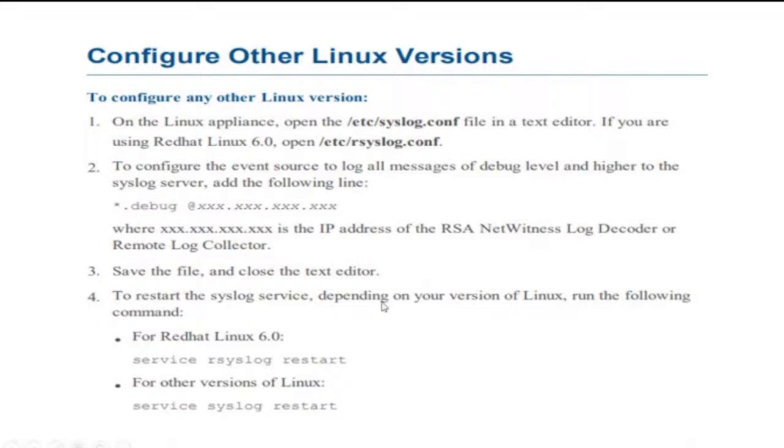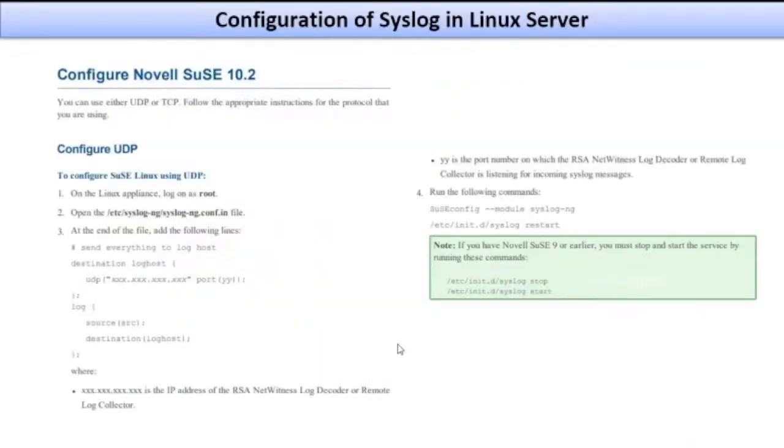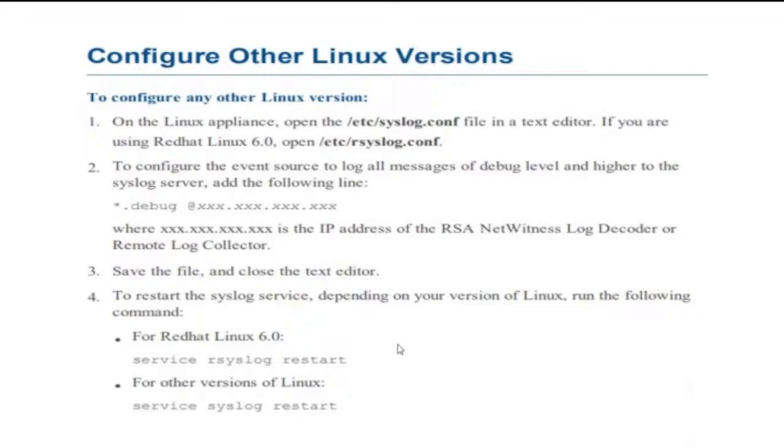Then restart the service. That's how you're done with the integration. You'll be able to see the logs for that machine on your RSA server now. So we have covered the syslog-ng centralized Linux server. This is the normal OS: CentOS, Linux, Ubuntu, whatever Linux or open source servers you have. The method is the same for both.